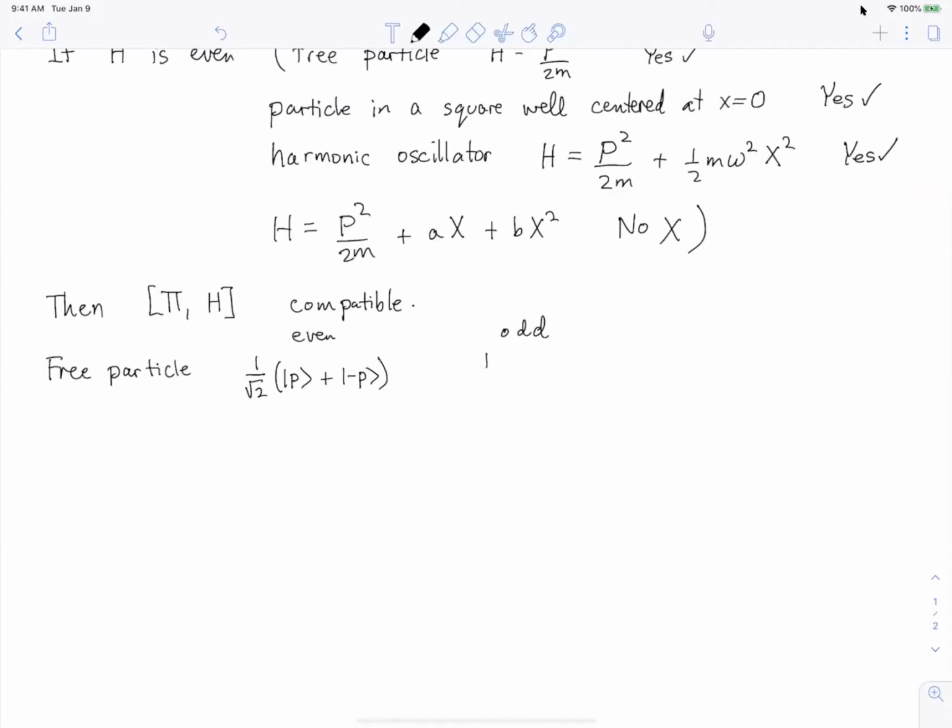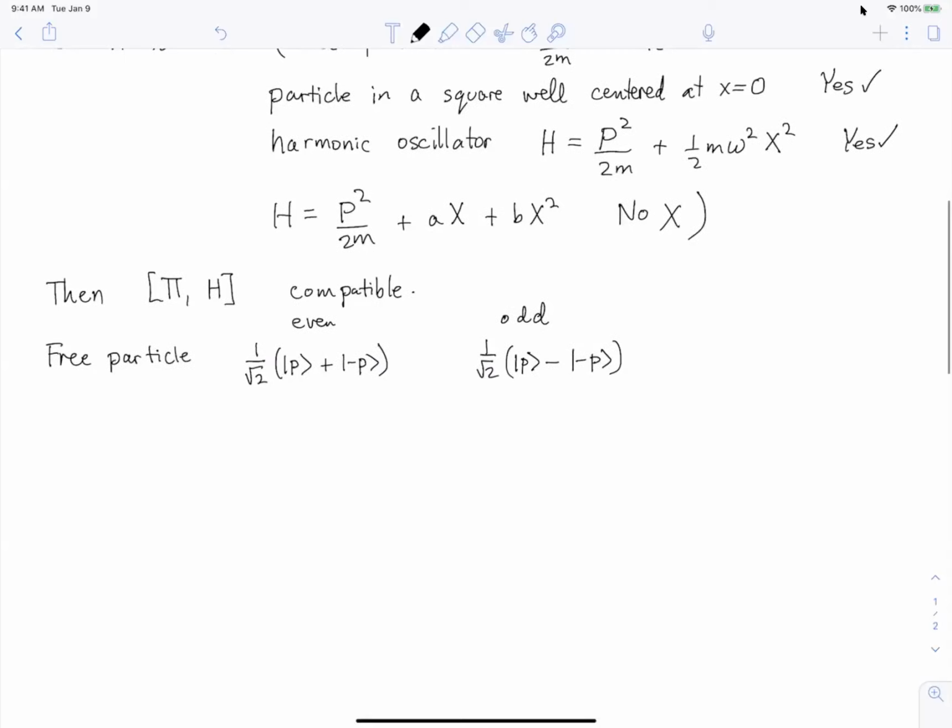And the odd one will be 1 over square root of 2 times p minus minus p. Okay, so the reason we have to write it this way, if we're writing in terms of momentum eigenstates, is that parity commutes with the Hamiltonian, but it does not commute with momentum.